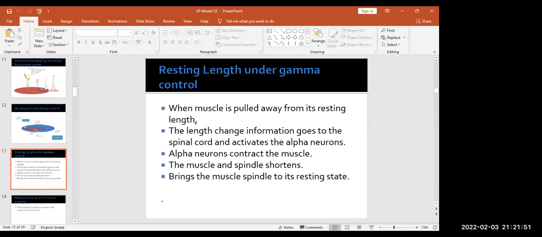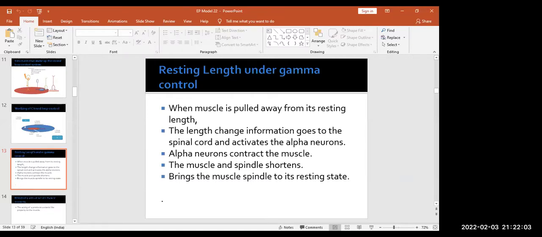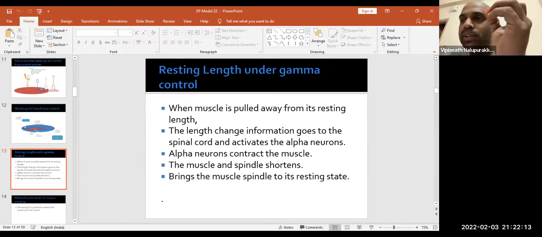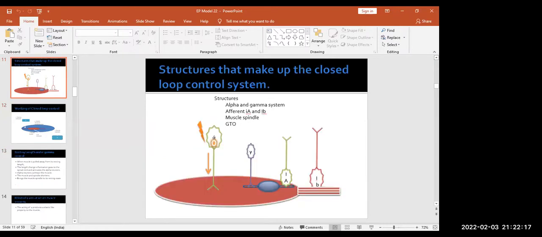So I'll ask Vipin to do that, right? So Vipin sir, can you just show me the rubber band? Sir, are you able to see? Yeah, can you just show it to the video? Actually, I'm not able to see my video. You're not able to see your video.